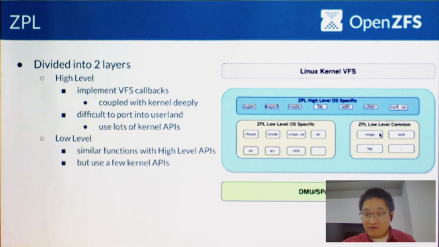The common files don't involve the kernel API, so they are pretty easy to port into Userland. So the major work is to port the OS-specific files into Userland.